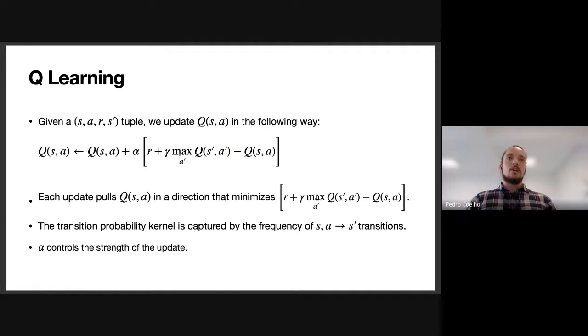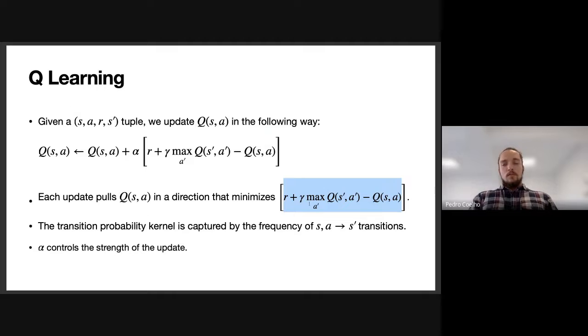And you lose the sum over the possible next states with the probabilities. But the way this works is that each update that you do on Q will pull Q in the direction that minimizes this term. And if we are minimizing this term, we are basically bringing Q closer to satisfying the Bellman optimality equation.